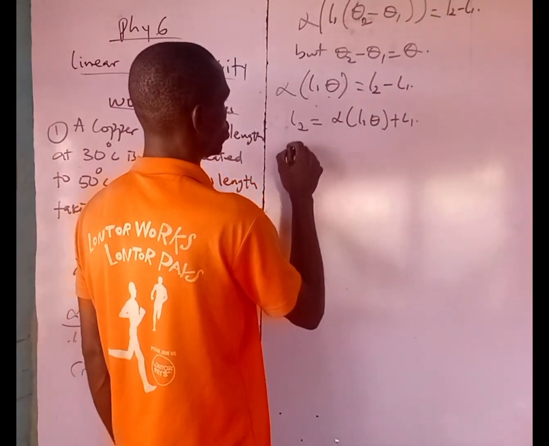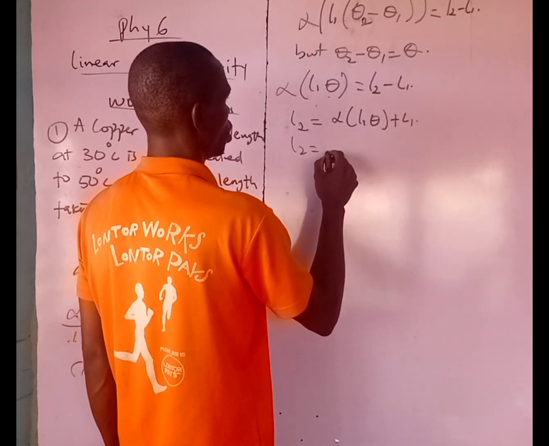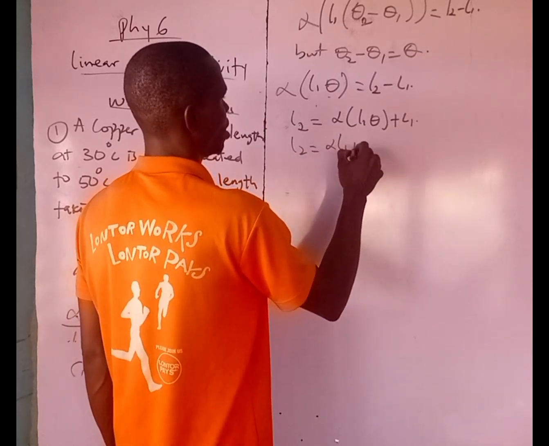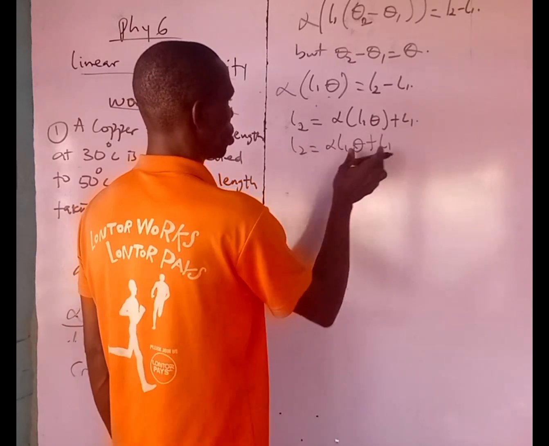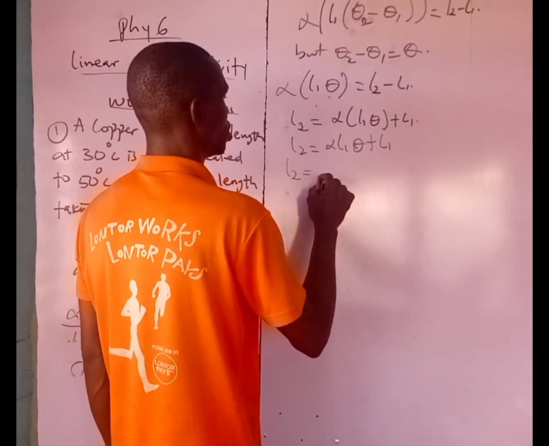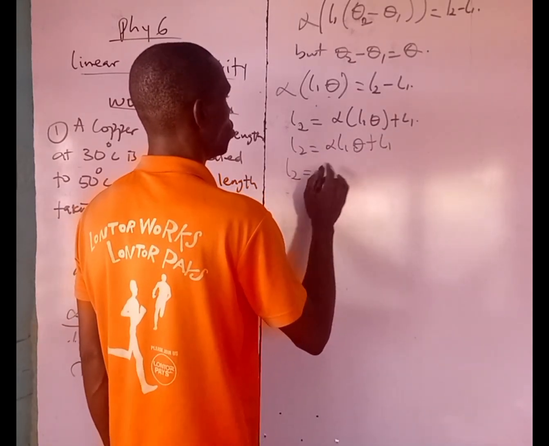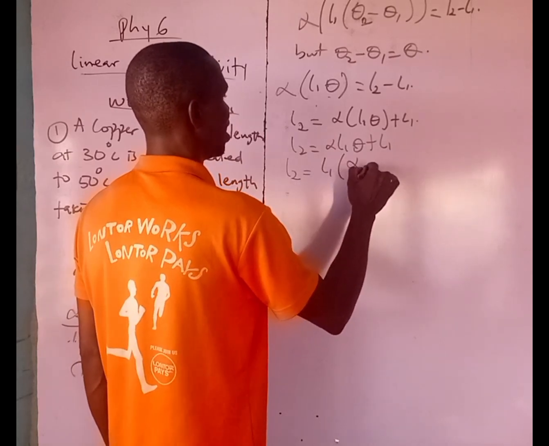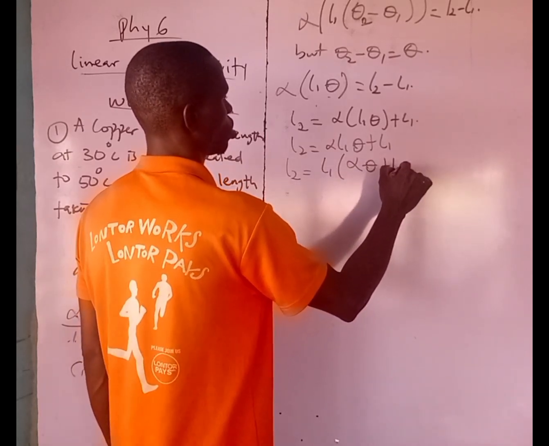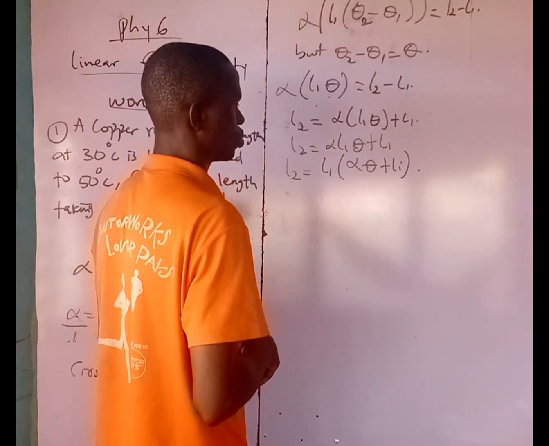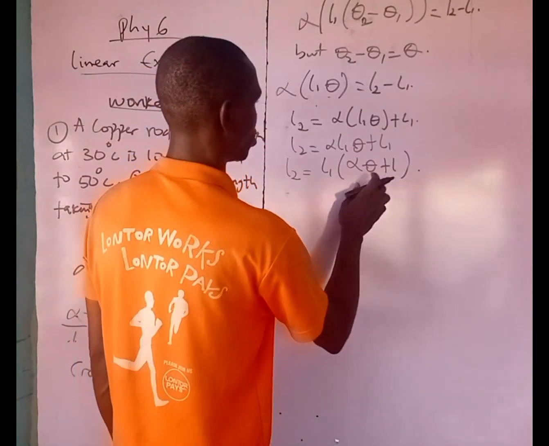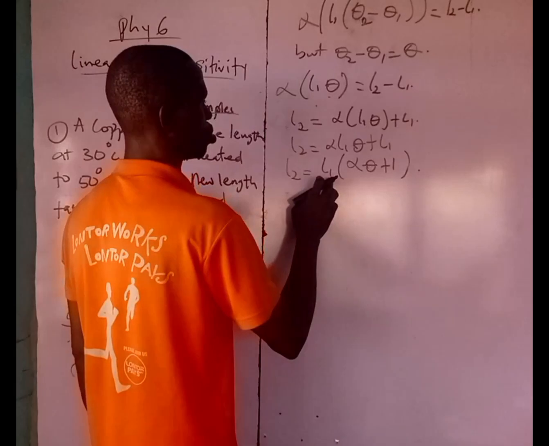So let's expand this. We have L2 will give us alpha L1 theta plus L1. So we can now factorize. So L2 now will be what? L1 into (alpha theta plus 1), because L1 is already out. So what's common between them?